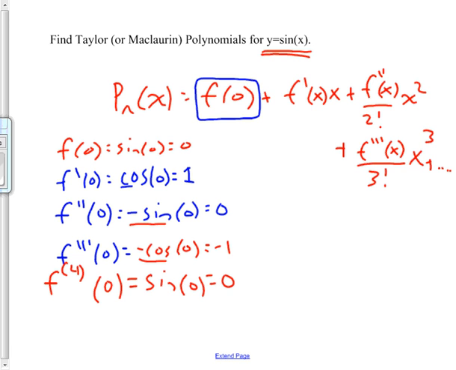And we're going to follow this pattern of 0, 1, 0, -1, 0, because sine just oscillates between sine, cosine, negative cosine, repeat. So we know that the fifth derivative of 0 would be positive cos of 0, which is 1. So we're repeating again.